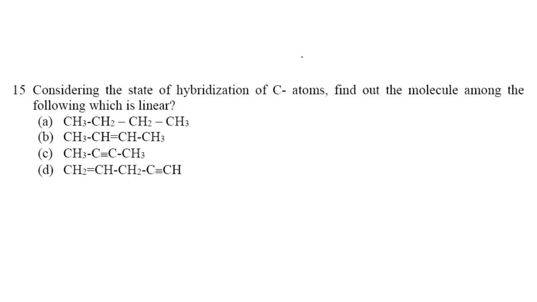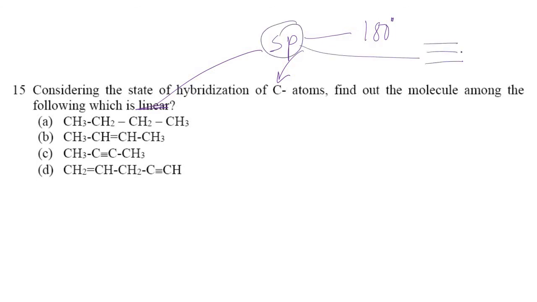We'll go to the next question, question number 15. Considering the state of hybridization of carbon atoms, find out which molecule among the following is linear. Linear is nothing but sp, and the bond angle is 180 degrees. If it is sp, we have already learnt there should be a triple bond. A triple bond means a central sigma bond, and above and below that a pi bond, right? In option A all are saturated.